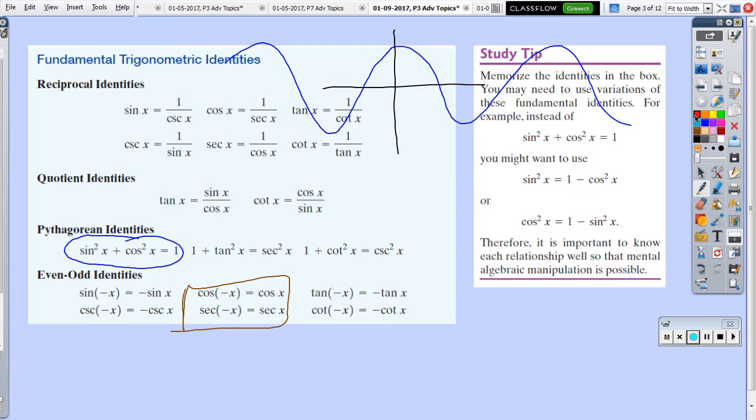If I pick some value, say 1/3 pi radians, which is about right here, well, cosine of negative 1/3 pi radians is going to have the same output as positive 1/3 pi radians. And you see that would be consistent throughout. So that's why this is the way it is. Secant of x as a graph is also going to have the same situation, which is, of course, just its reciprocal. So it's going to look like this.